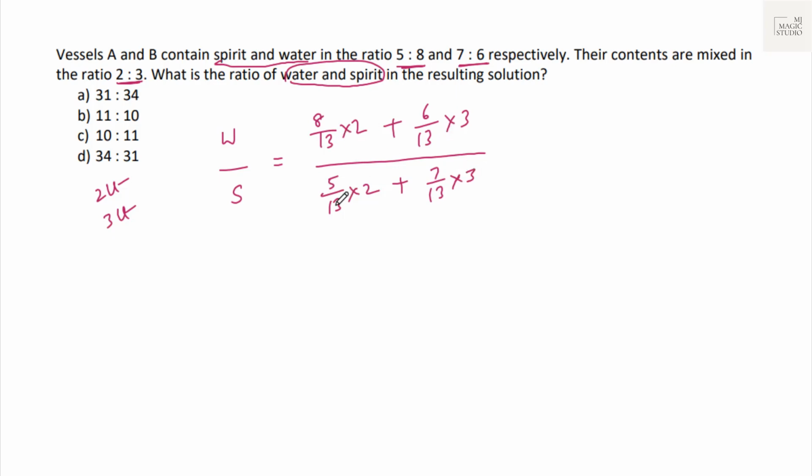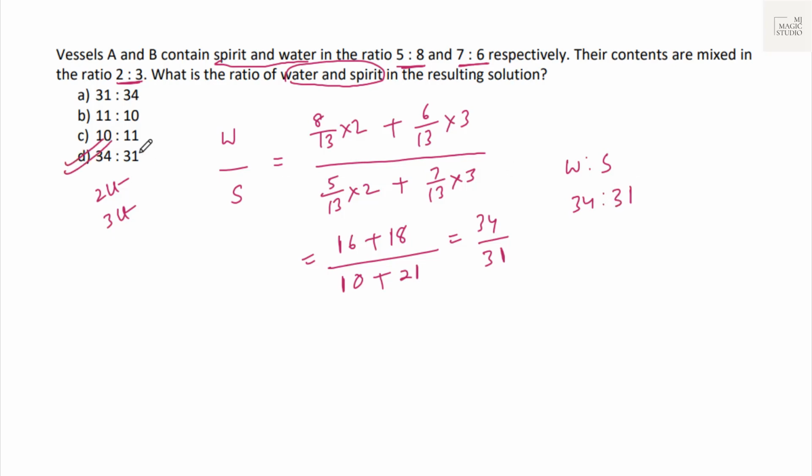Now since the denominator is the same in both cases, our calculation becomes pretty easy. 8 into 2 is 16, plus 6 into 3 is 18, by 5 into 2 is 10, and 7 into 3 is 21. So it is 34 by 31. So the ratio of water to spirit in the resulting solution is 34:31.